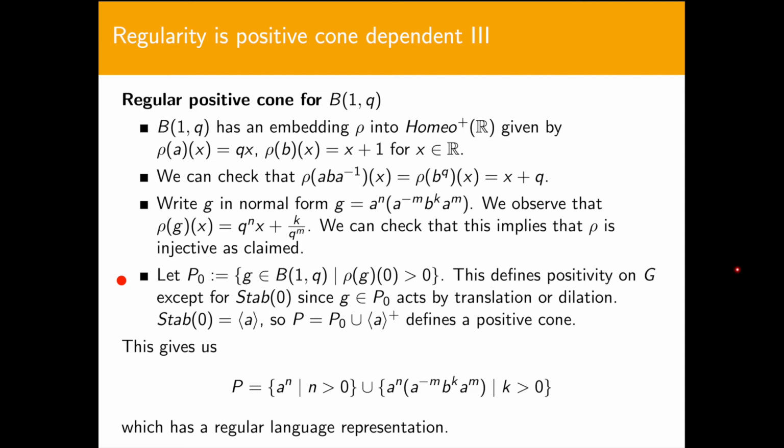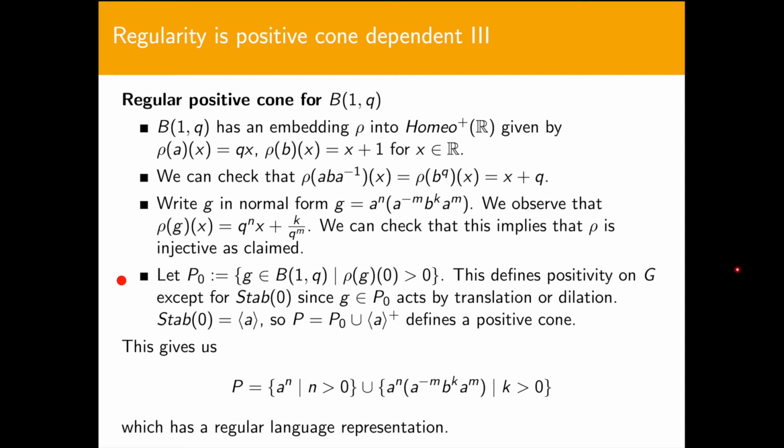Now, if you write g in normal form, so g is equal to a to the minus n, b to the k, a to the n, then rho of g of x will be equal to q to the n times x plus k over q to the n. Then you can check that this implies that rho is injective.